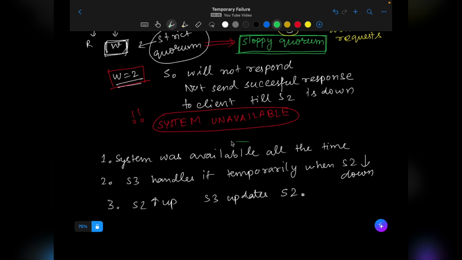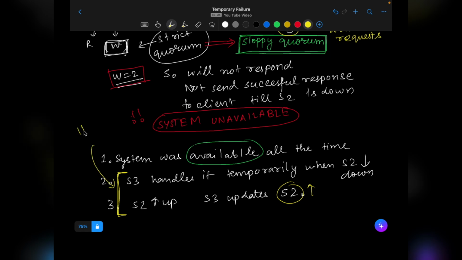There has not been any performance delay or any system unavailability. This method of S3 handling the request temporarily and then updating S2 whenever it is up is called hinted handoff.